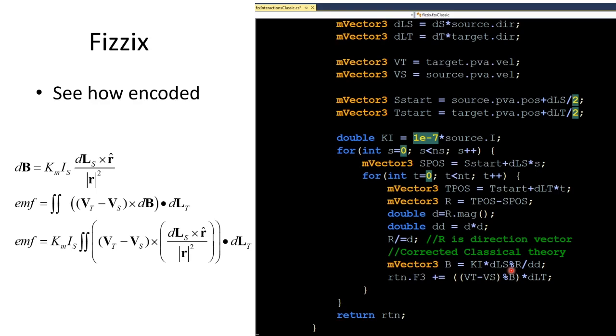That way, it allows me to transcribe right from equations to software, and it looks the same: VT minus VS cross B, VT minus VS cross B dot DLT, and there's your dot DLT. So this shows you this is the exact model we're using for classical theory for EMF.